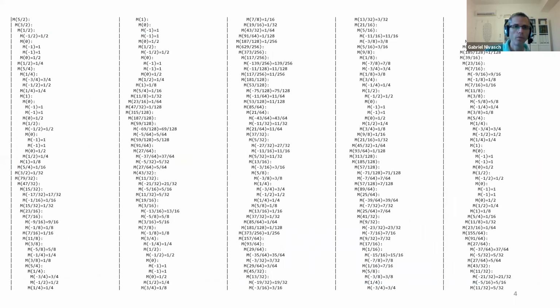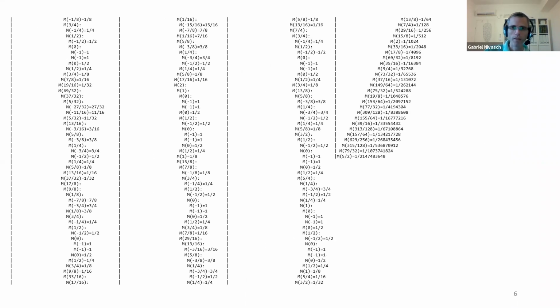Then you can compute M of 2.5, and it gets really long. It's a few pages. And at the end you get 1 divided by this huge number, 2 billion and something. So M of 2.5 is 2 to the minus 31. And you don't want to try M of 3 on your computer, because it will take forever, but we know analytically that M of 3 equals 2 to the minus 1.5 billion and something.